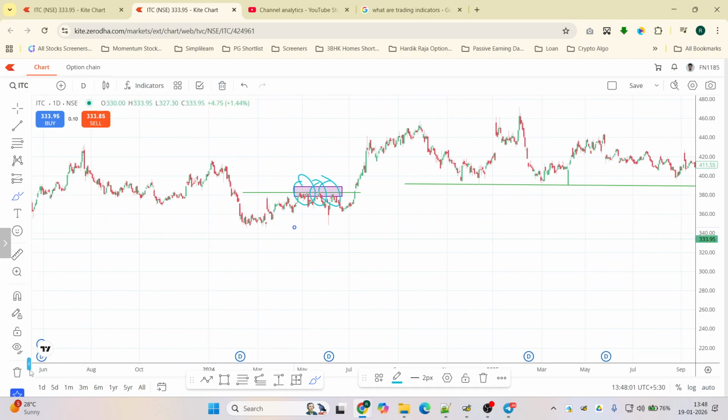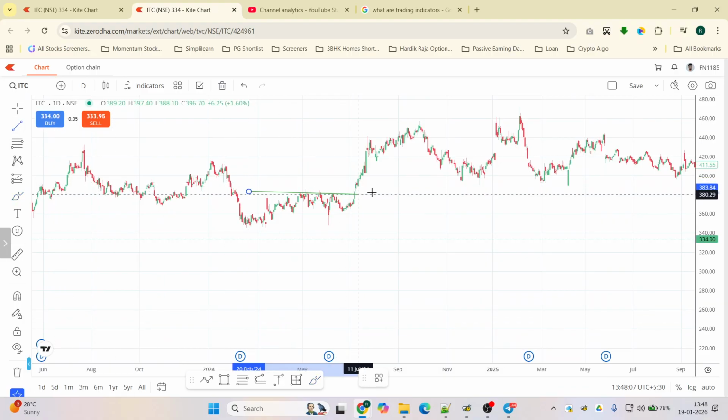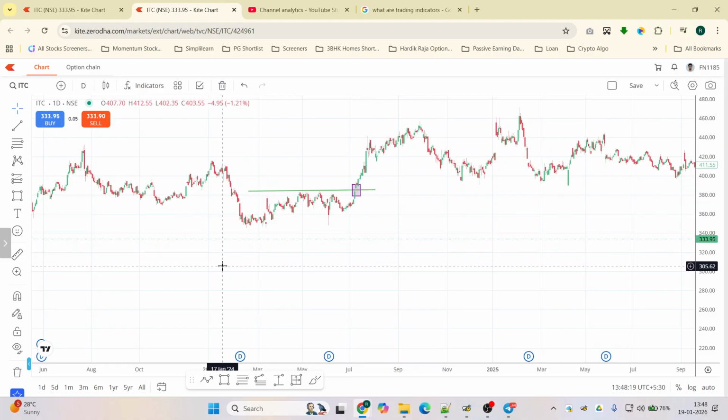Now I'll clear the drawings. If you consider this as resistance, see here, now the price has broken this level, and it has started to go in an uptrend.